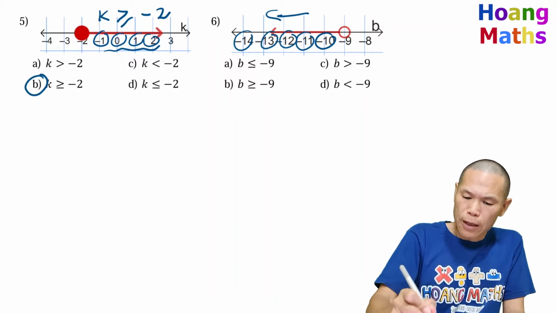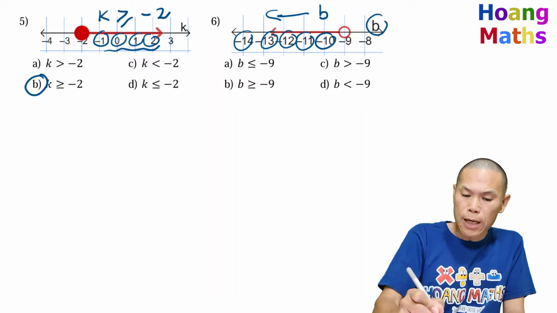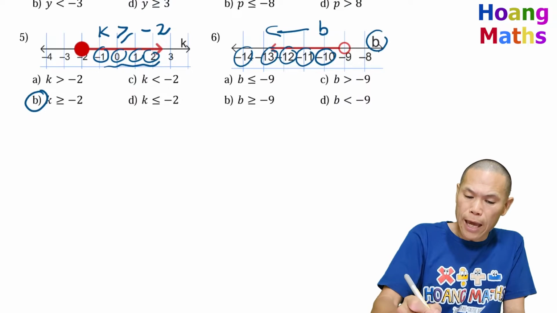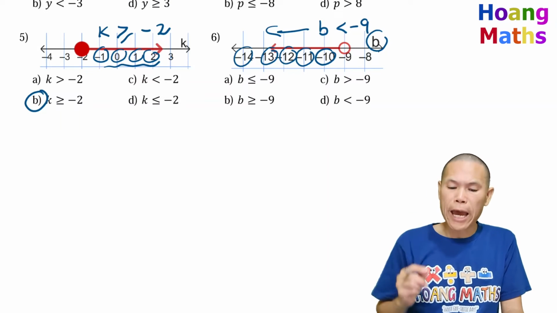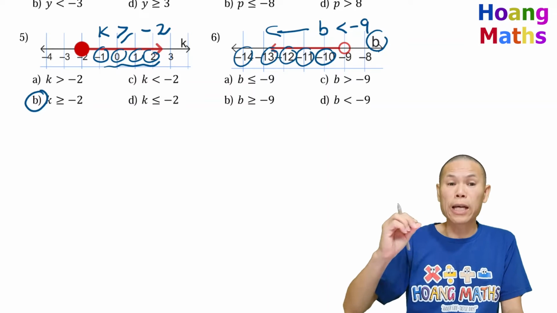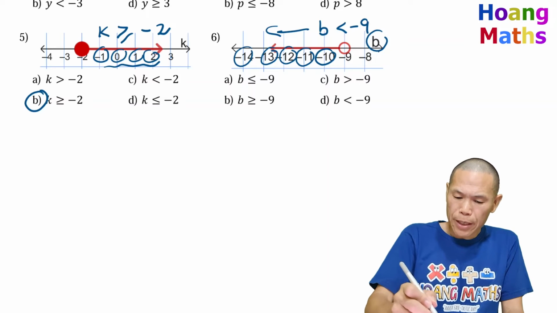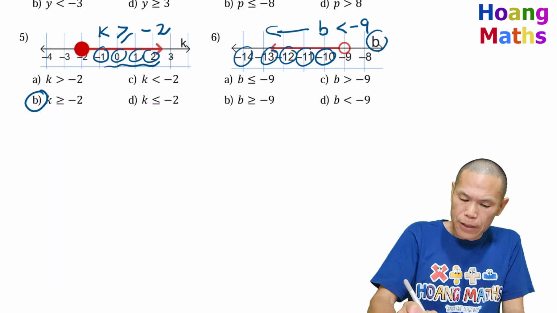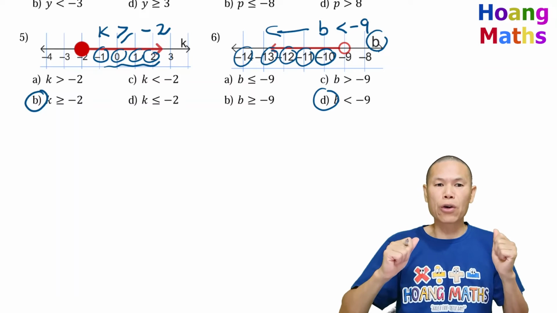So these numbers are B. So B is less than -9. And because the circle is empty, there is no equal sign, not including -9. So the answer is B is less than -9. So the answer is D. And I hope you got it correct.